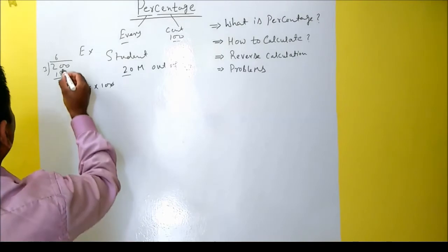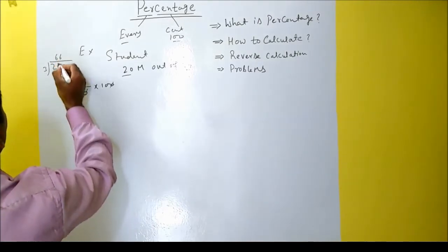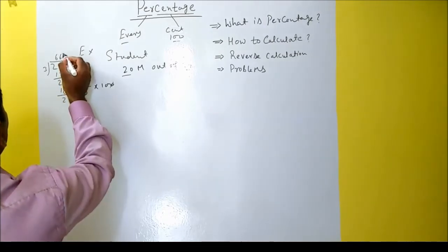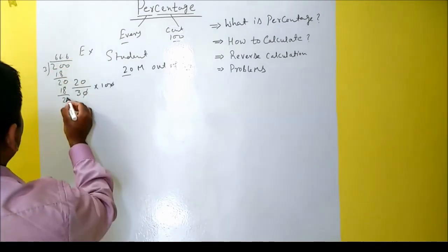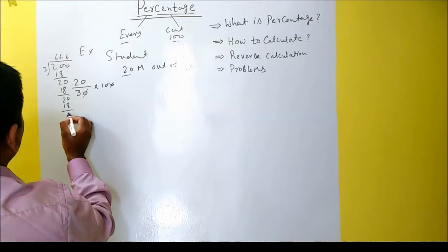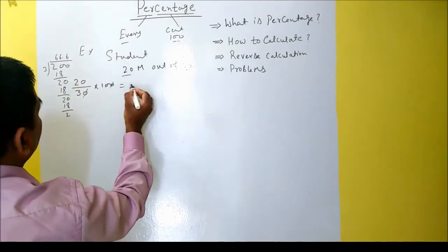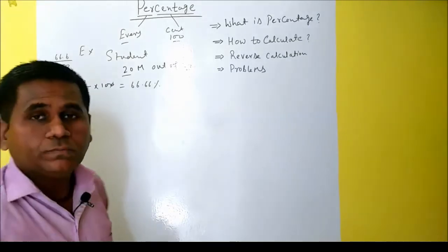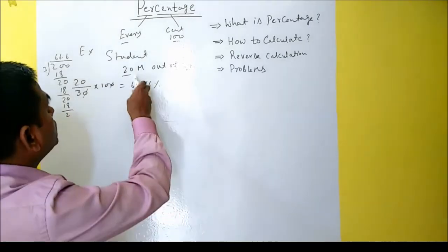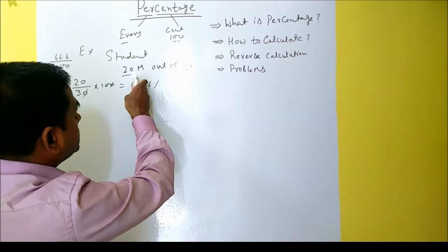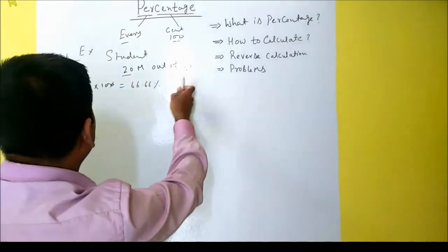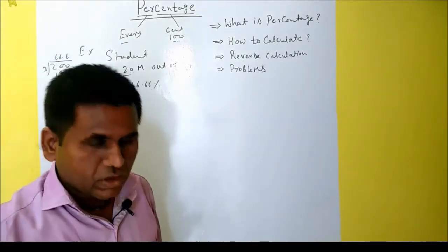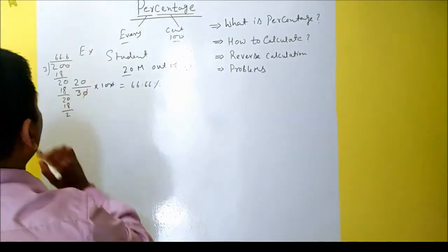Let's quickly divide this. This becomes 66.66 percent. So the answer is 66.66%. The concept here is a student has scored 20 marks out of 30, so out of 100 he has got 66.66%.